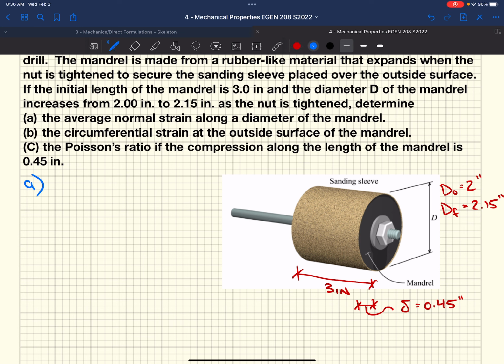So we start at A, the average normal strain along a diameter of the mandrel. What is our strain equation? Strain is change in length over the original length, right? Delta over L. No tricks there. Well, if they're asking for the normal strain along the diameter, we're looking at the change in length over the original length of the diameter of the mandrel. So we really want the change in the diameter over the original diameter.